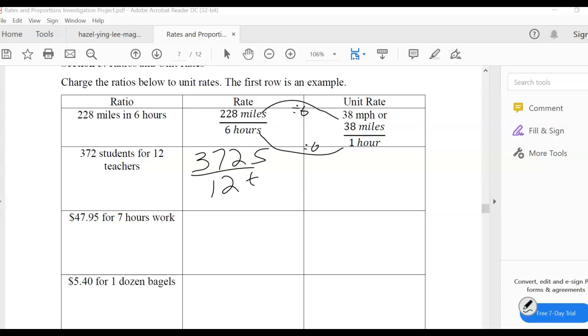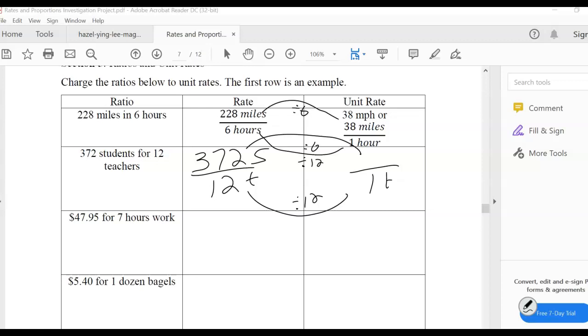Skylar, thank you. Good. We're going to divide by 12. That should give us one teacher. Remember, this becomes a unit rate because we have 1 in our denominator. We divide by the denominator in the rate. Divide by 12, so I'm going to take 372 divided by 12.